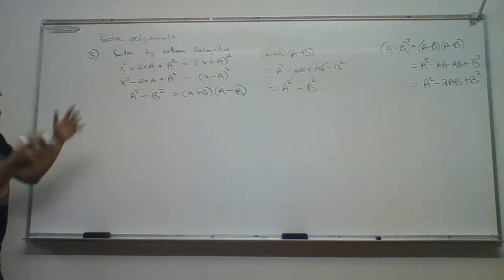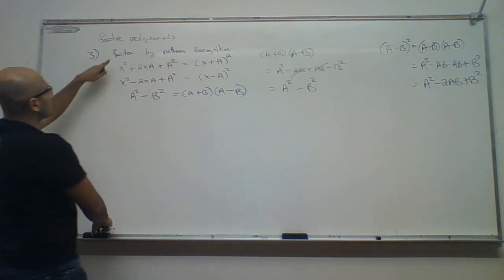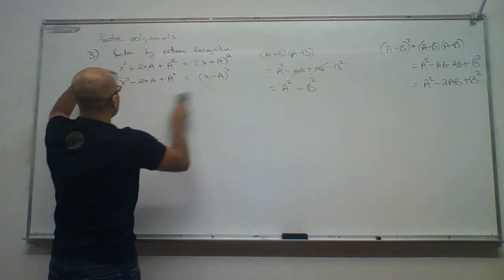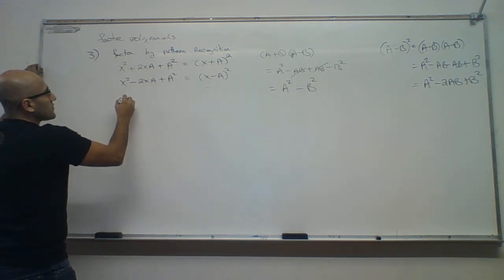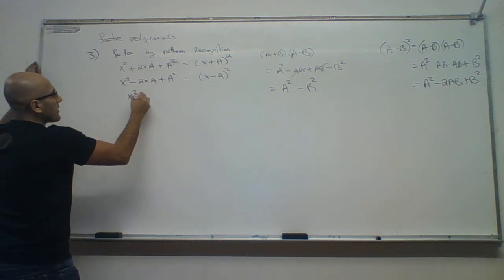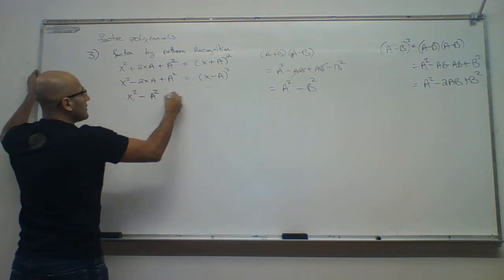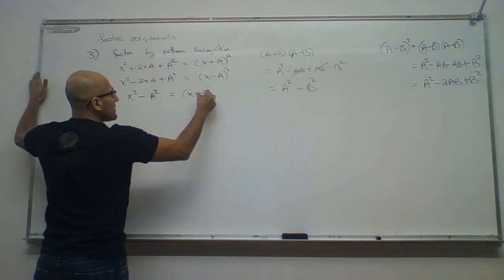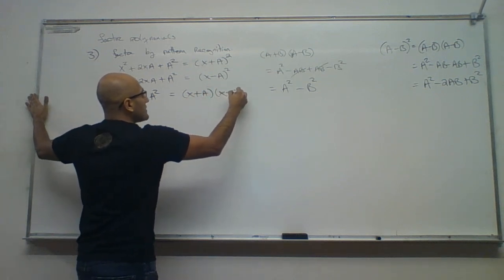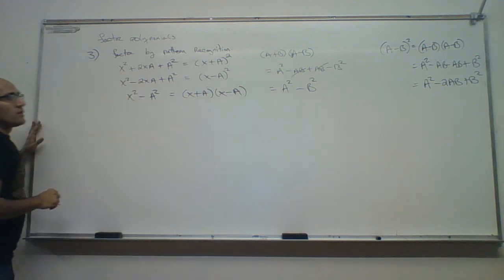Right, and again, it doesn't matter what letter you use, but just to stay consistent, I'm going to rewrite it again and put a's and x's here. So if I have x squared minus a squared, then that's going to be x plus a times x minus a. Okay.